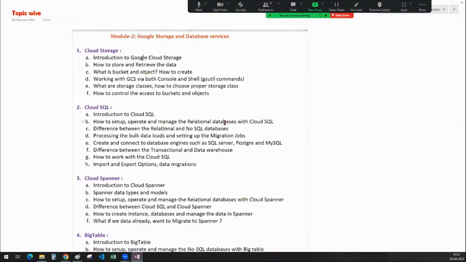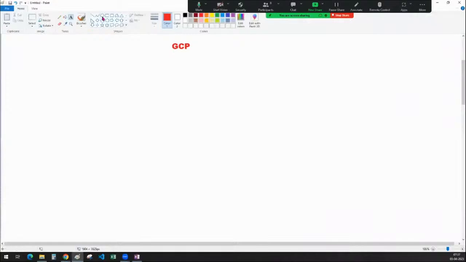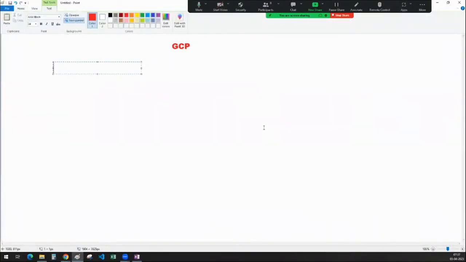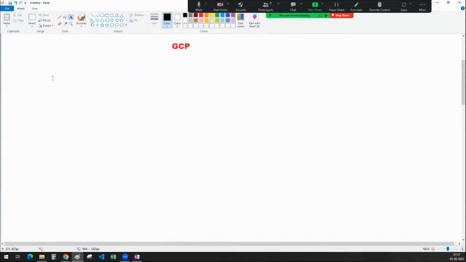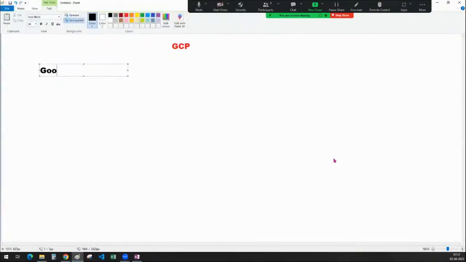And after that, we are going to look at Cloud SQL. For that, let me actually open my pen. Database services.